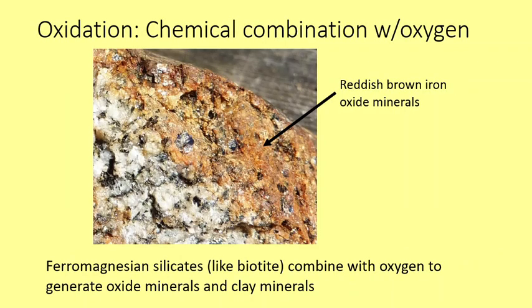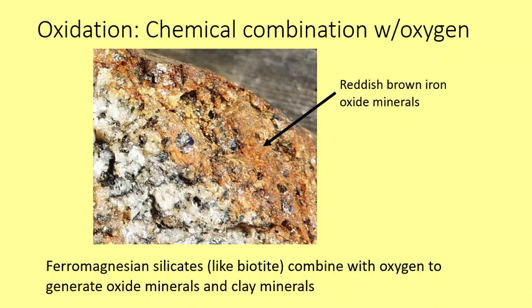Okay, on to chemical weathering processes. Oxidation just involves the chemical combination of minerals or mineral components with atmospheric oxygen. All that you're seeing here in the diagram is simply that the so-called ferromagnesian silicates like biotite, hornblende, etc., are combining with atmospheric oxygen and rusting in the process to produce a new class of minerals known as the oxide minerals.